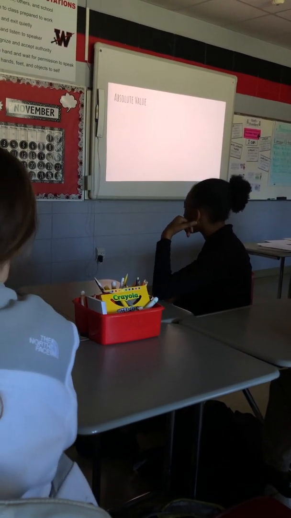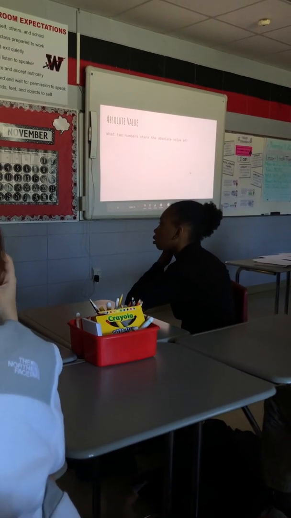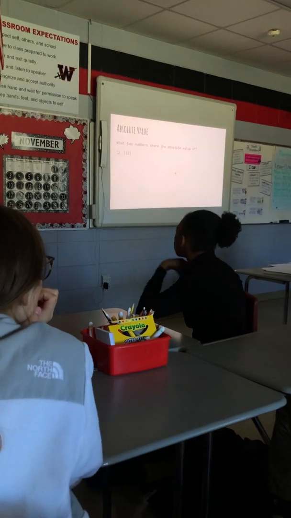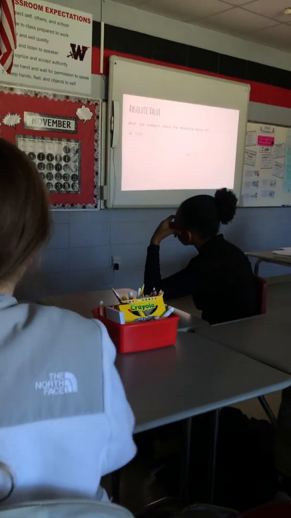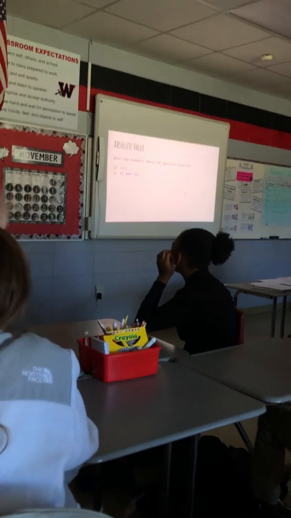Alright, and so we also know that two numbers can share the same absolute value. So, what two numbers share the absolute value of 12? Alright, let's see if we're right. Are we right? Yes.